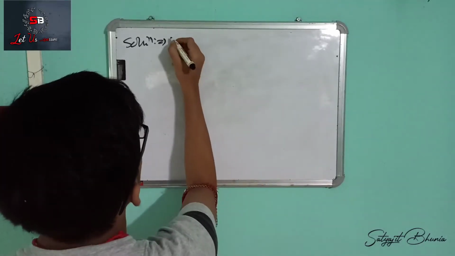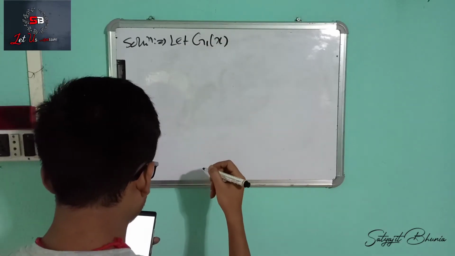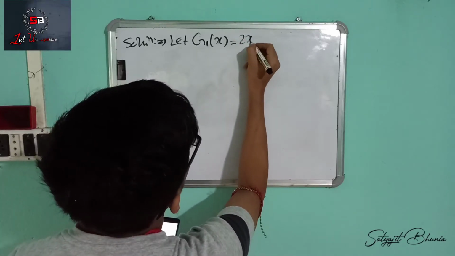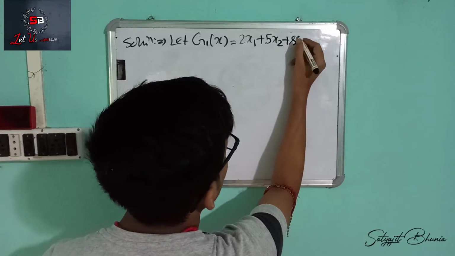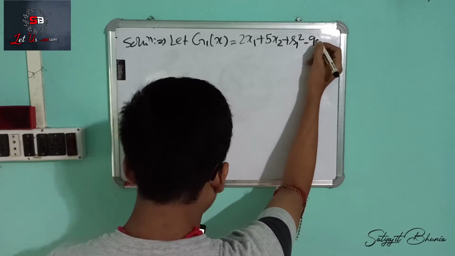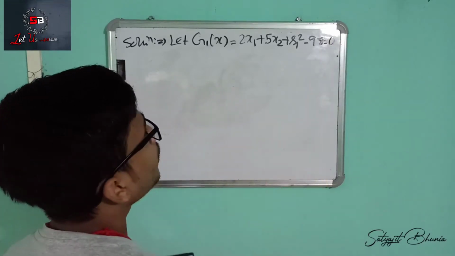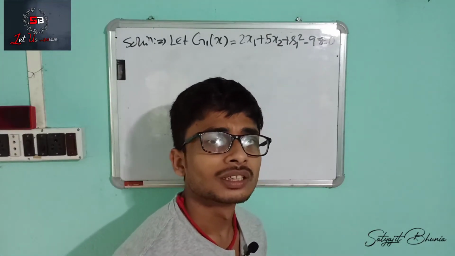So let capital G1x is equal to 2x1 plus 5x2 plus s1 square minus 98 is equal to 0, where s1 square is the slack variable.